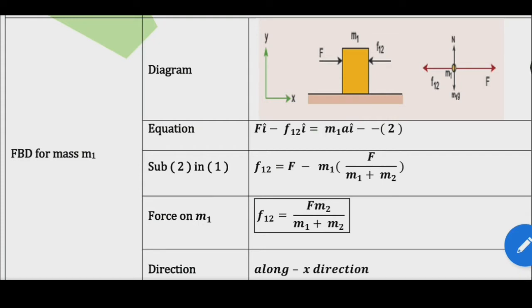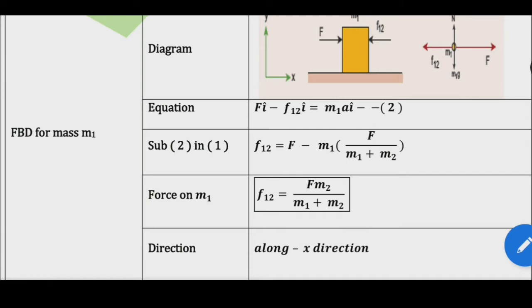Now we get F12 is equal to F m2 by m1 plus m2.